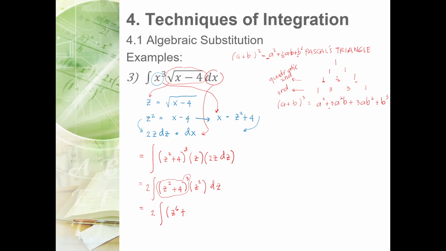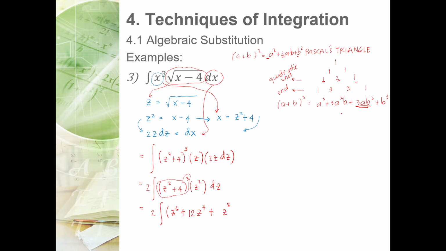But for the coefficient, that would be 3 times 4, right? So this would give us 12z to the power of 4. The next is 3ab squared. So a is just z squared.